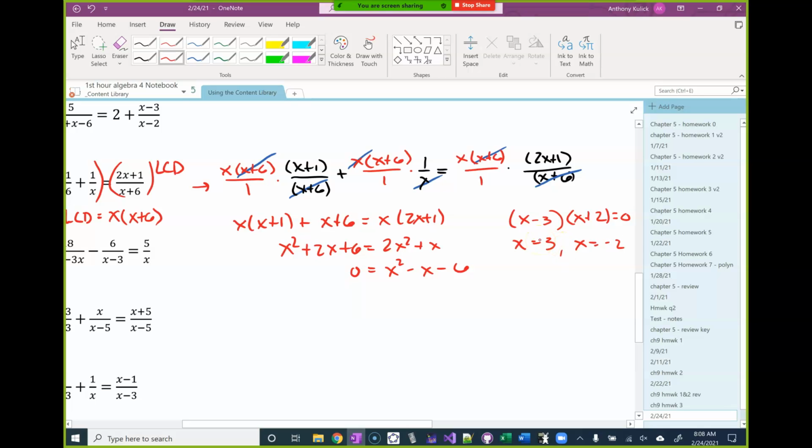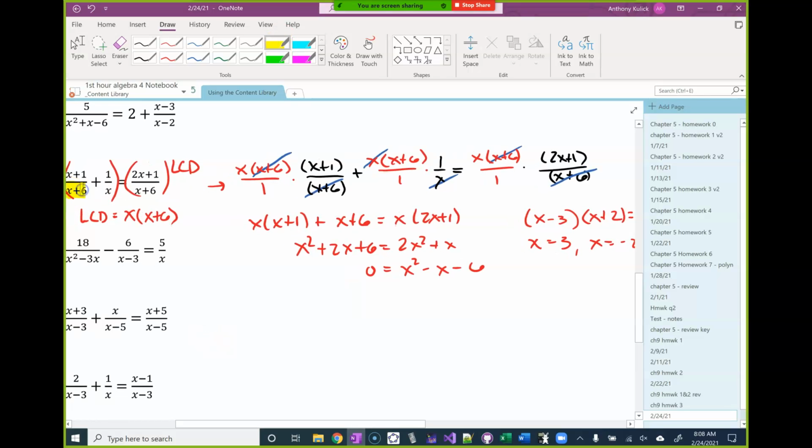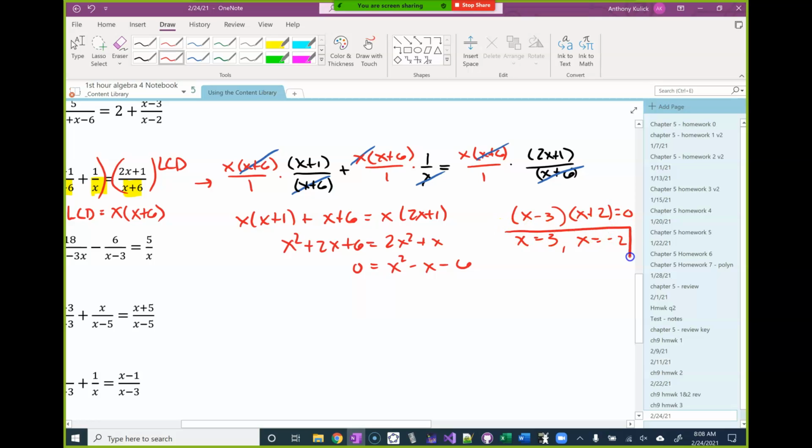And if I go back and check, if I plug either one of them into x plus 6, I don't get 0. And if I plug either of them into x, I don't get 0. So those two solutions are both valid. And we're all done.